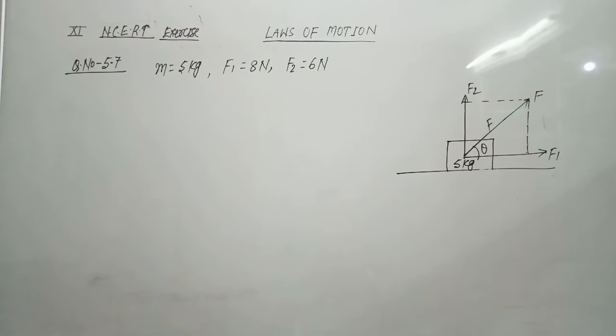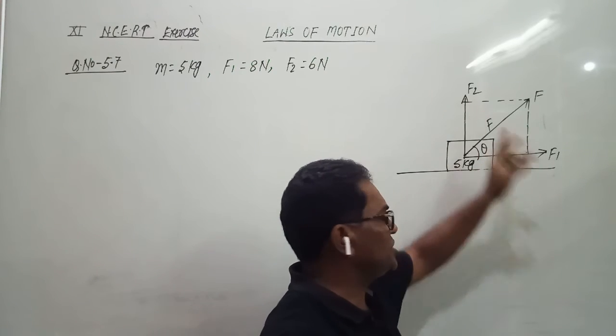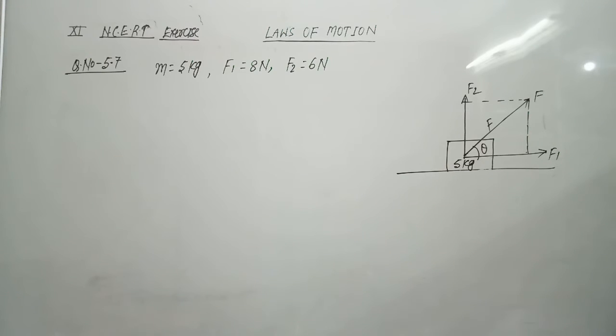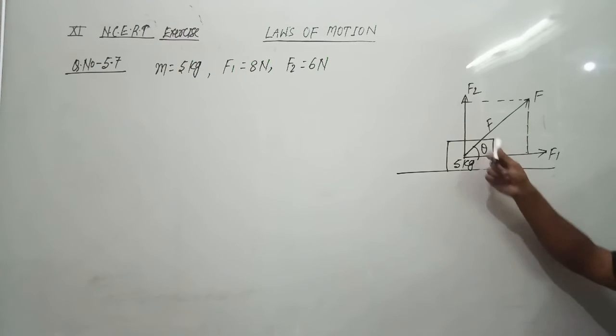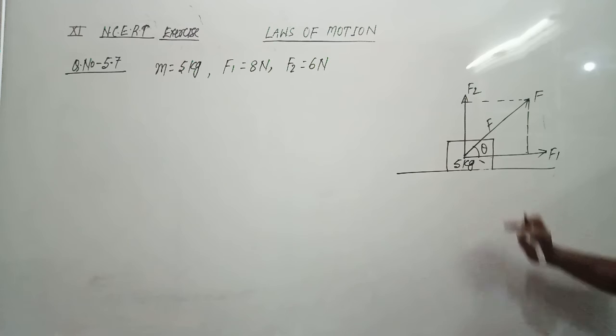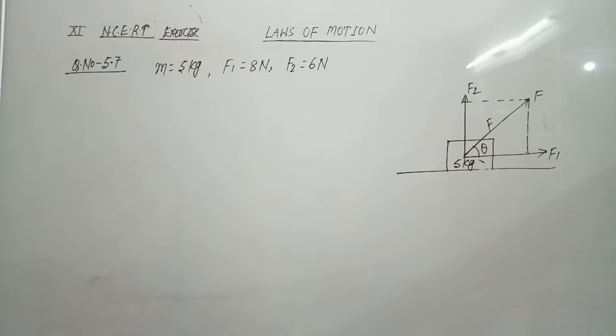Since the two forces are mutually perpendicular, their resultant must act between them, and we have supposed that the resultant force F makes an angle theta with the horizontal force F1, which is 8 Newton.